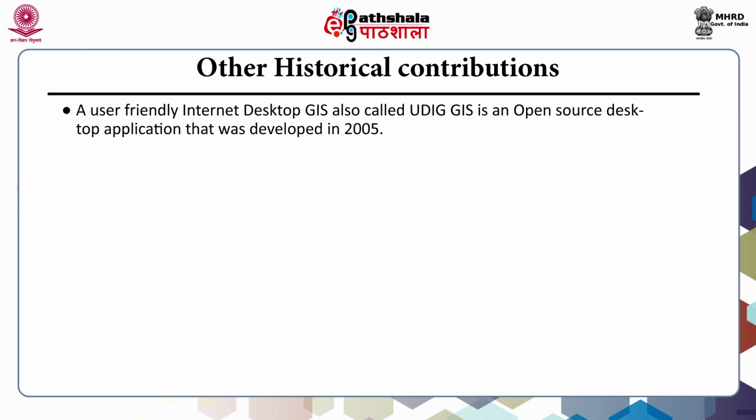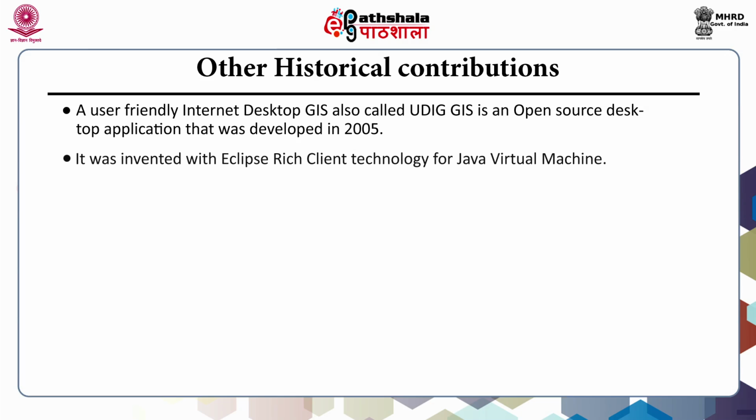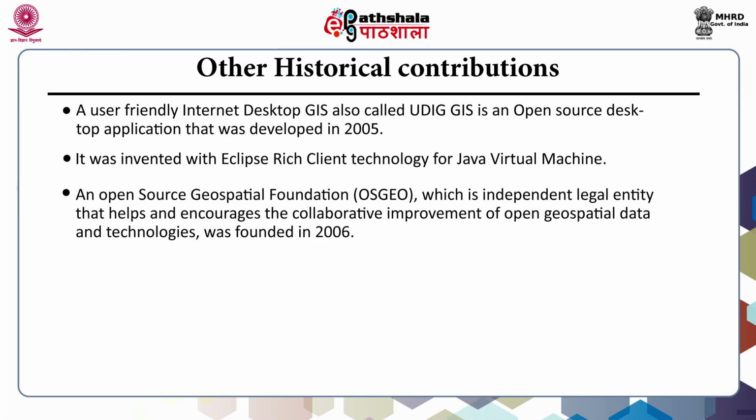Next is a user-friendly internet desktop GIS, that is also called uDig GIS. It is an open source desktop application that was developed in 2005. It was invented with Eclipse Rich Client technology for Java Virtual Machine. The Open Source Geospatial Foundation, OSGeo, which is an independent legal entity that helps and encourages the collaborative improvement of open geospatial data and technologies, was founded in 2006.